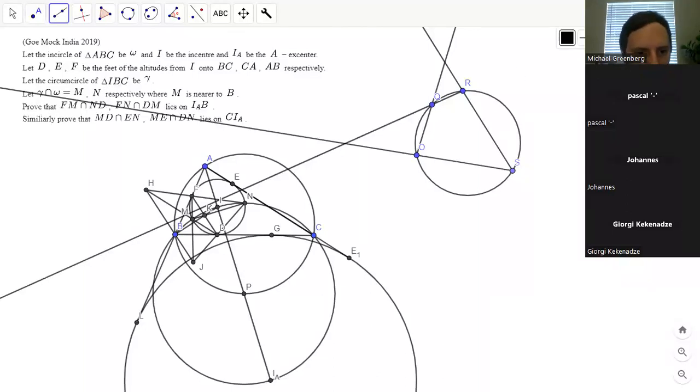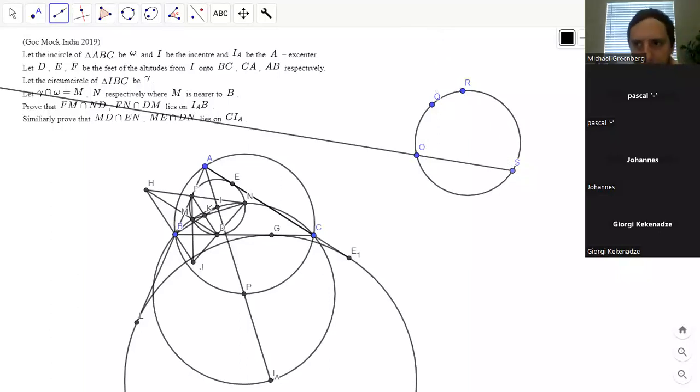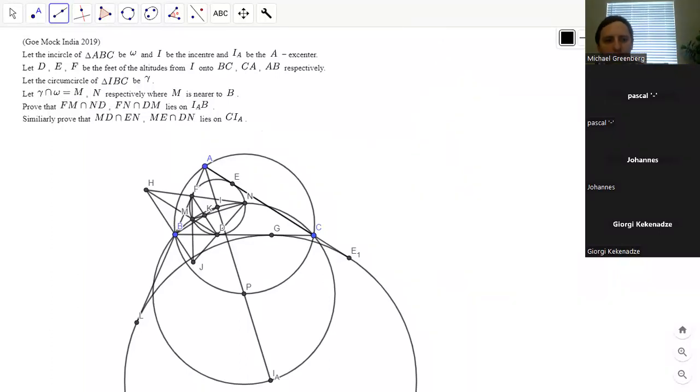Okay. So yeah, I see what you're saying. So I think it's always true that IK intersects the polar at the Miquel point. Yeah. So we have to show B is the Miquel point of, let me think about this, the Miquel point of that quadrilateral.